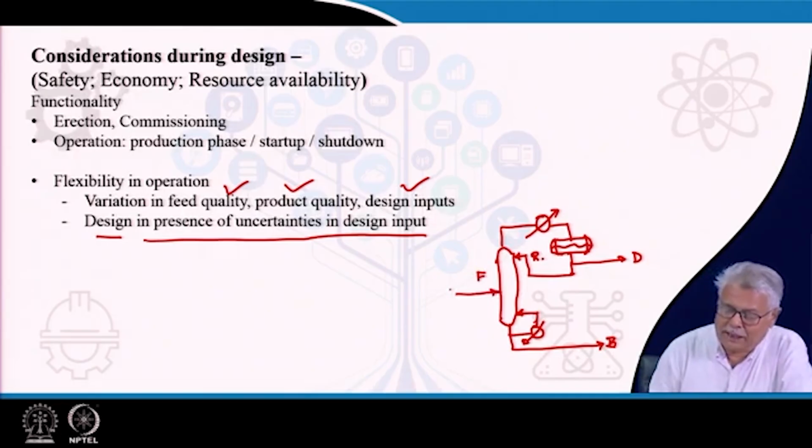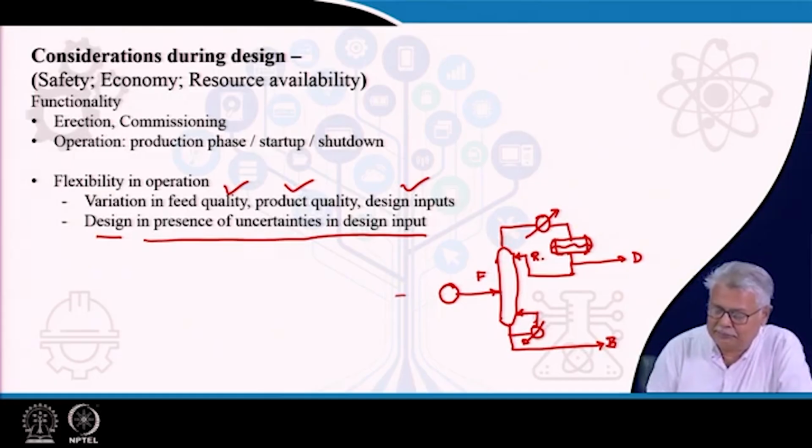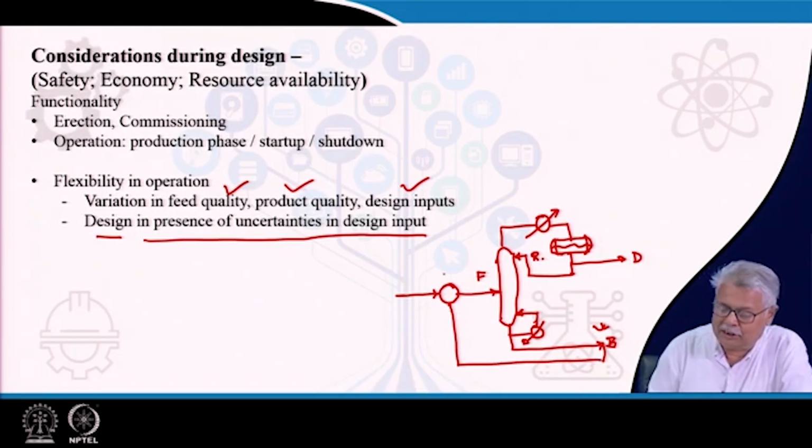Now, we have to have heating of my feed. That means the entire heating normally is not by the reboiler. The one reason is that the highest temperature in this system is here. The feed is at an intermediate temperature. So, what you normally will be having is a heat recovery scheme which will go like this.